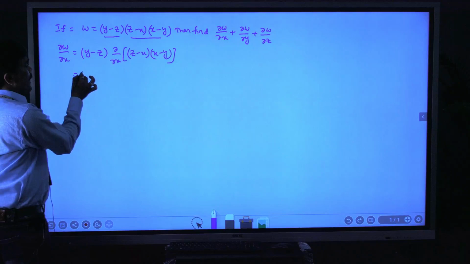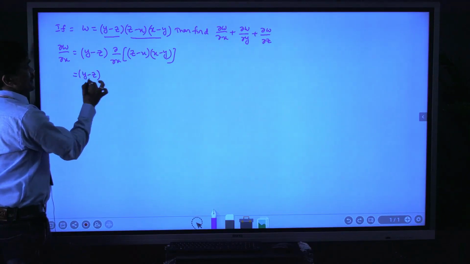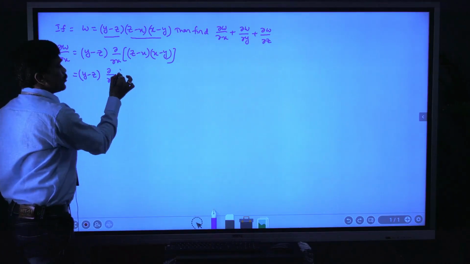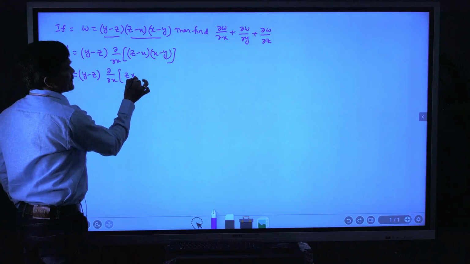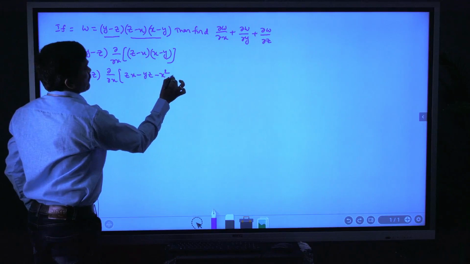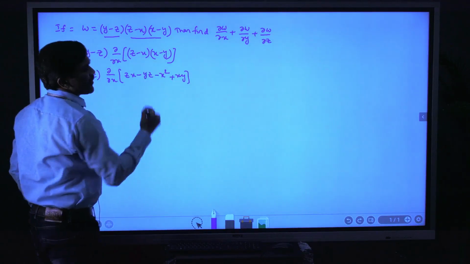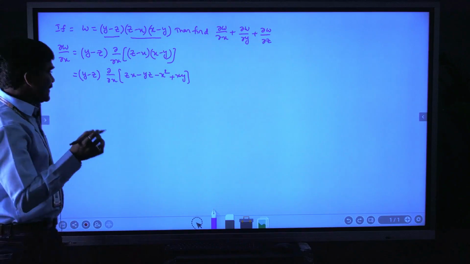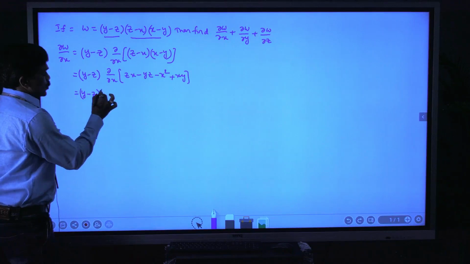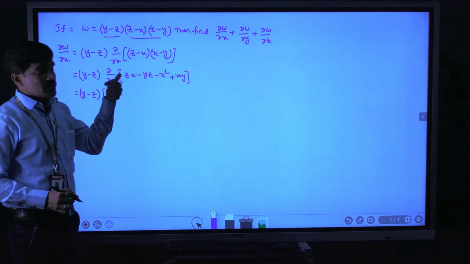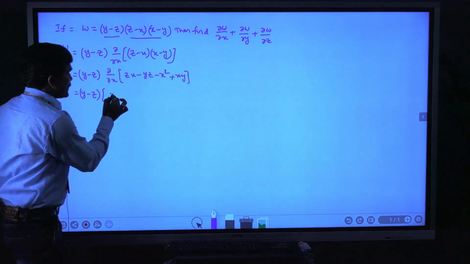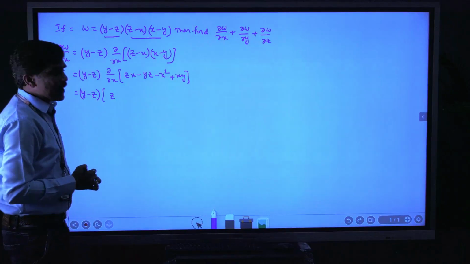So we have (y − z) times the derivative with respect to x of this function. First of all, simplifying this, ∂/∂x of zx − yz − x² + xy. Now find the derivative with respect to x. In zx, z is constant, so write it as it is, and the x derivative is clearly 1.